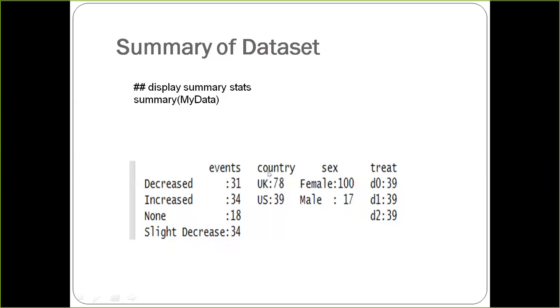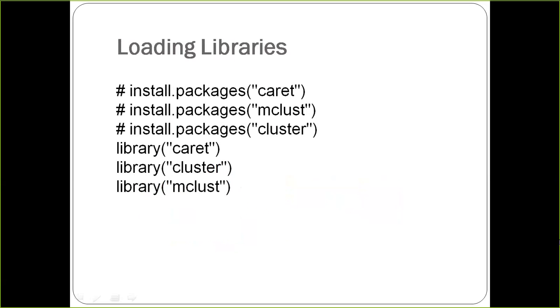The breakdown in terms of country, breakdown in terms of sex, and the breakdown in terms of treatment. That's quite important as we look at the clustering algorithms. So in terms of loading libraries, we have a couple of them: Caret, cluster, and mclust. We'll go into what each one of these does a little later on.